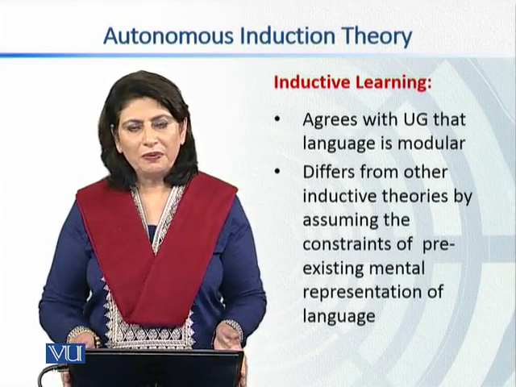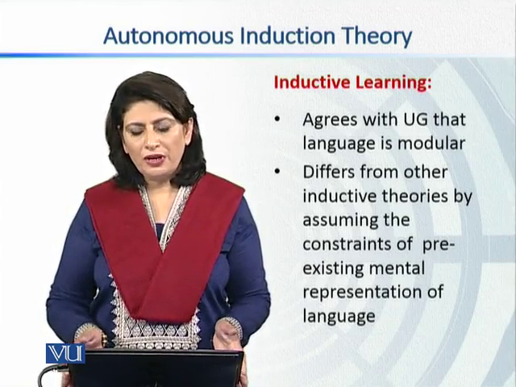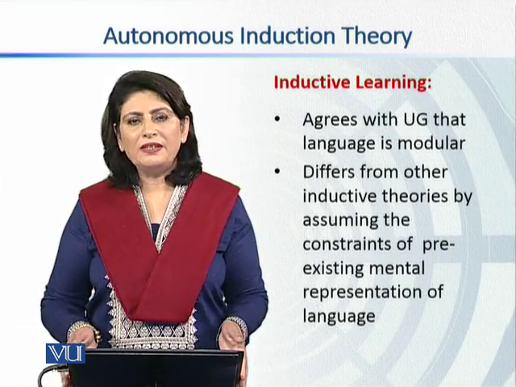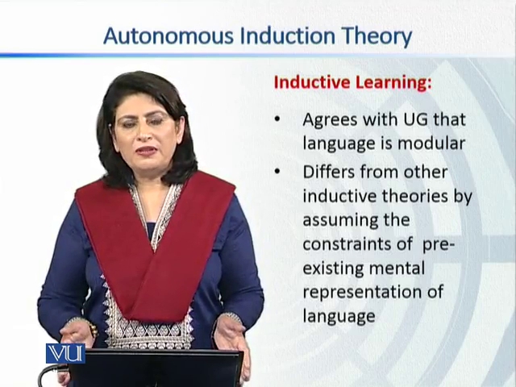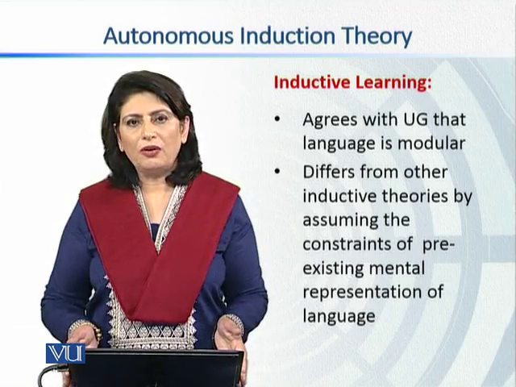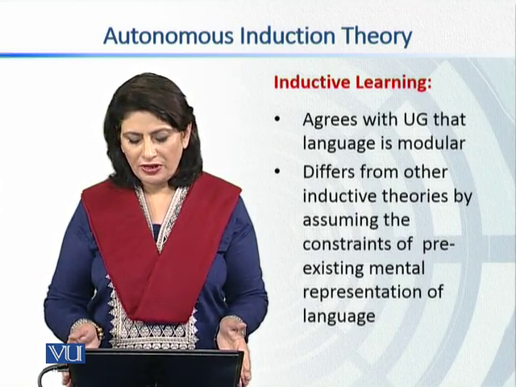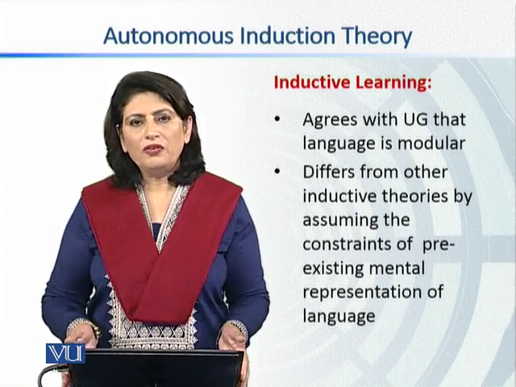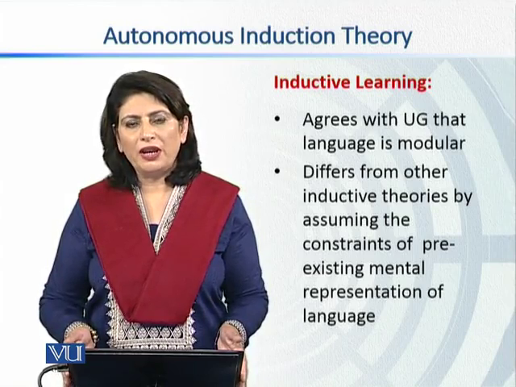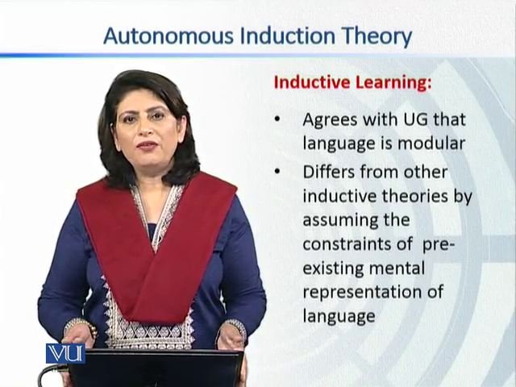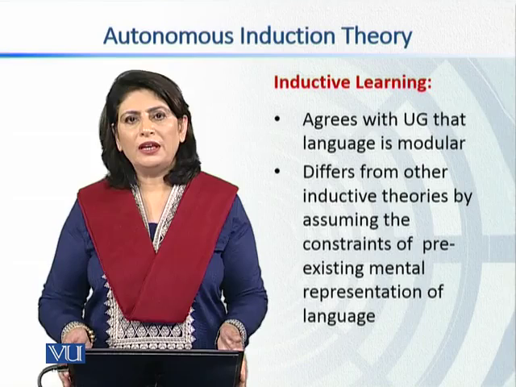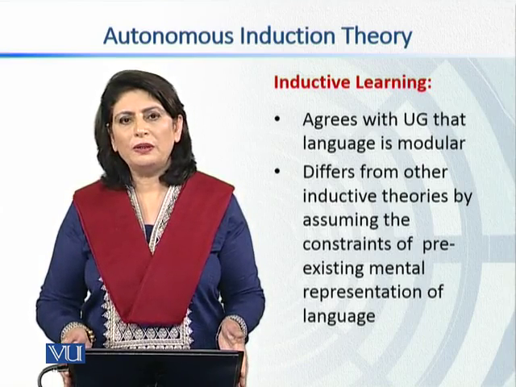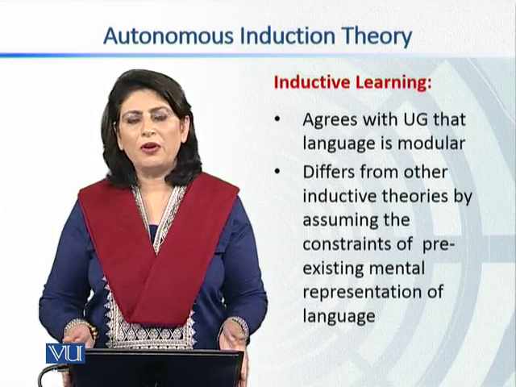However, it differs from other inductive theories by realizing that the representation in the minds of the learners that is already there has certain constraints. Those constraints affect the extent to which language is processed.